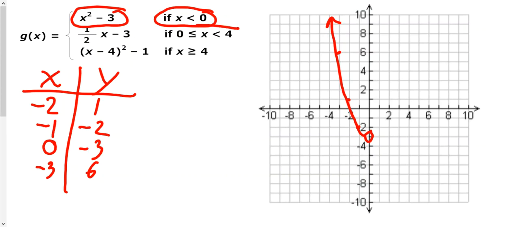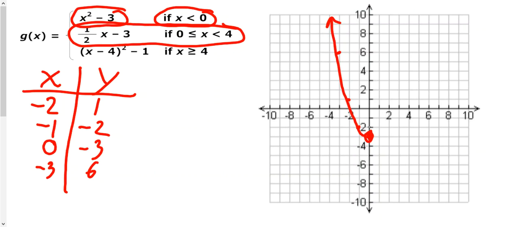So the next interval is between 0 and 4. This one's linear, so a little easier to graph. So at 0, the y-intercept is -3, so it turns out that's right there at -3. And then I'm going to use my slope of 1/2 there.